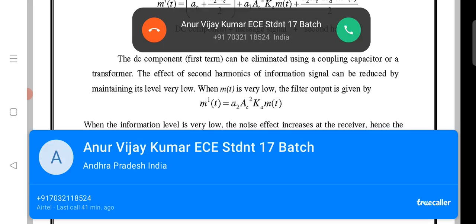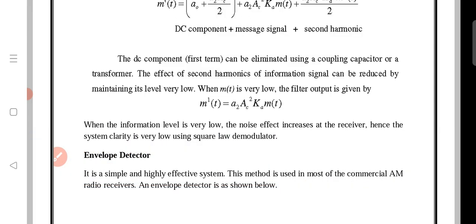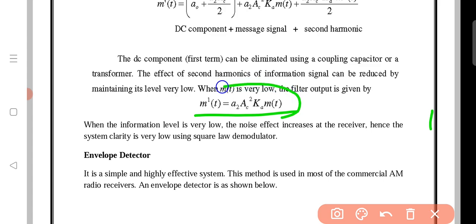So if some other harmonics are present here, don't bother about that. Our message signal is received, and next there are some purifying circuits in our systems, so there is no need to bother about the other constants.